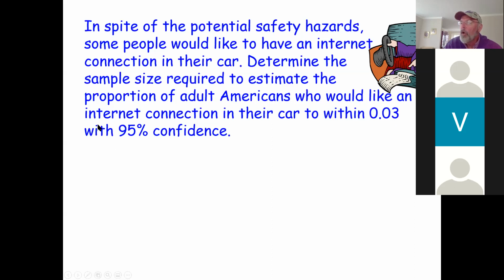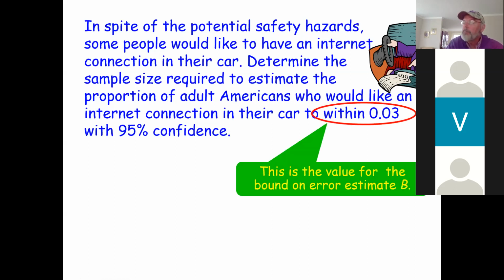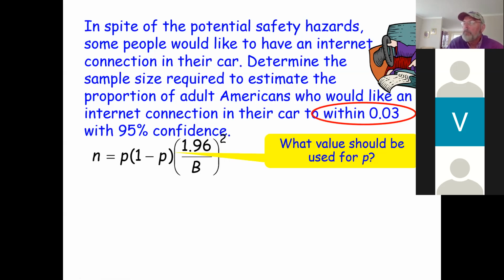And we want to know that under the umbrella of 95% confidence. So that value right there is the margin of error. And if we were to start to use simple algebra to isolate the n variable, okay, that's the sample size, this would be the outcome that goes along with this.